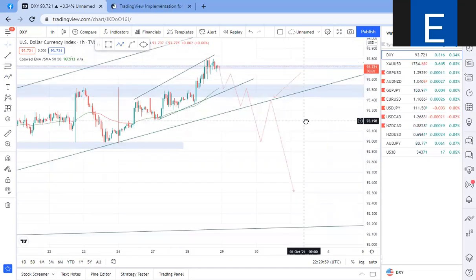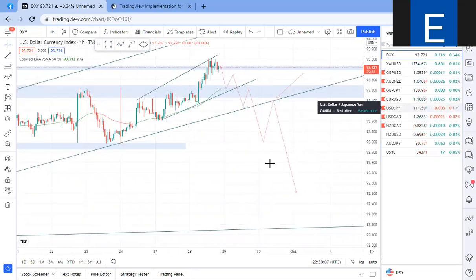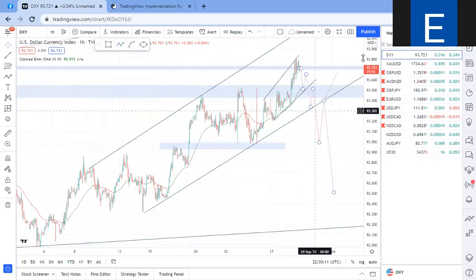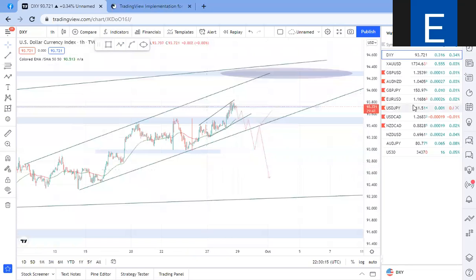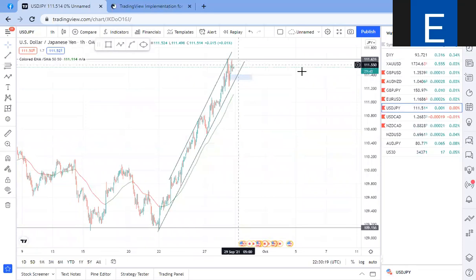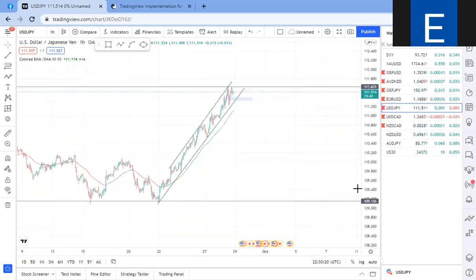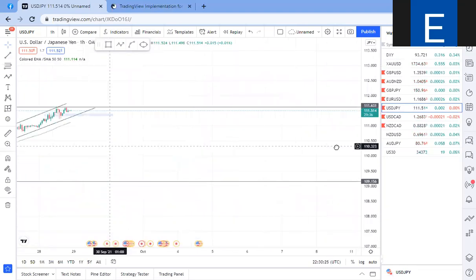If this happens, then we'll expect USD JPY to play out nicely. Because if we get weakness on the dollar, we get a possible confluence, more confirmation to go short on USD JPY. USD JPY is looking nice right now. It's at a major level of resistance.